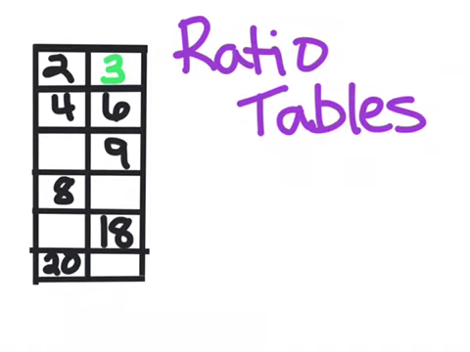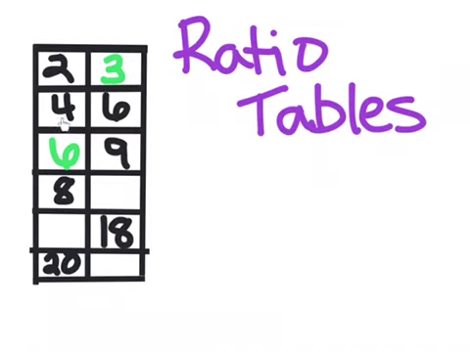And apply it down here. We can go from 3 to 9 by multiplying by 3. So we will do the same thing here. 2 times 3 gives us 6. Very, very good. Now, you can use either this ratio or this ratio to help you complete this ratio.